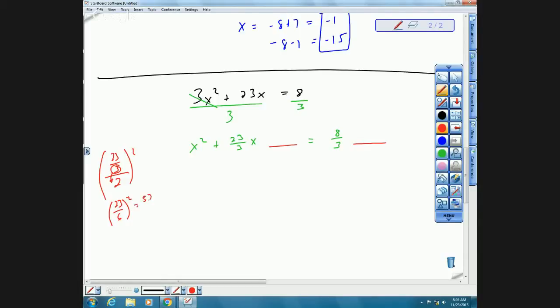So that's 529 over 36. So I add 529 over 36 to this side, and I add 529 over 36 to this side.